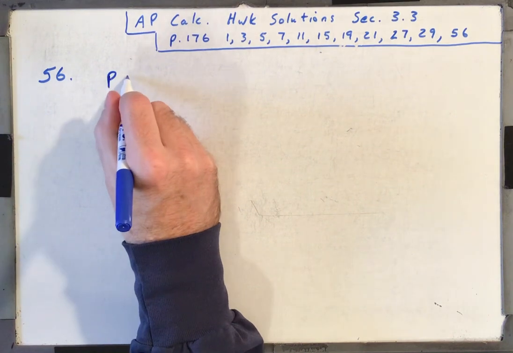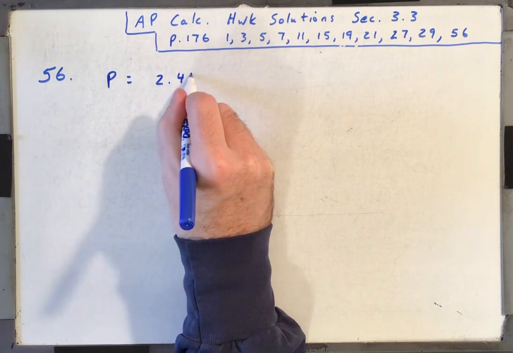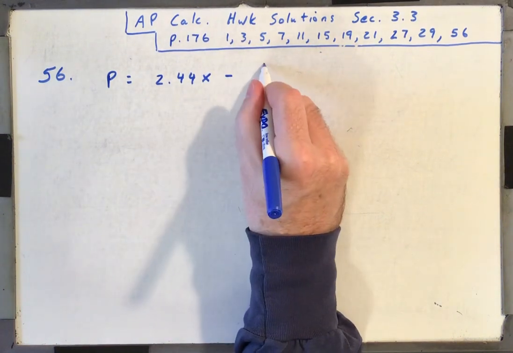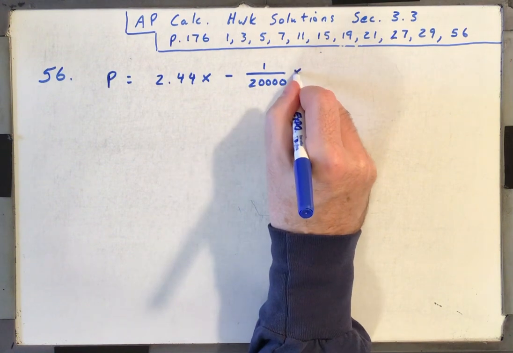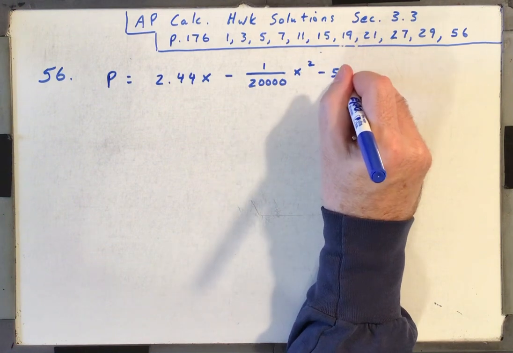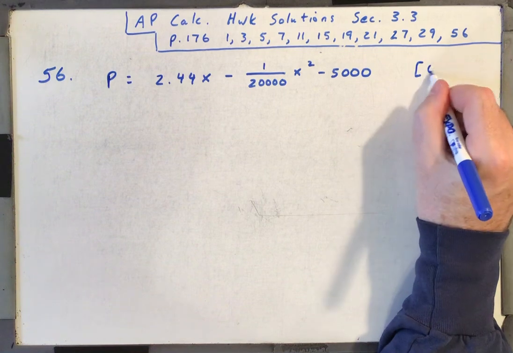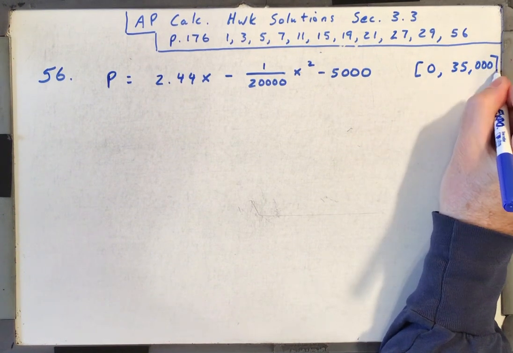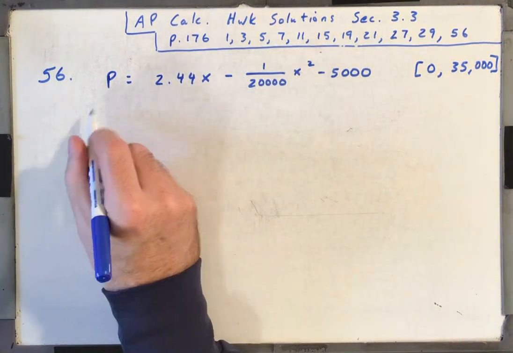So we have P is equal to 2.44x minus, I'm going to rewrite this as 1 over 20,000 times x squared, minus 5,000. And our interval is from 0 to 35,000.